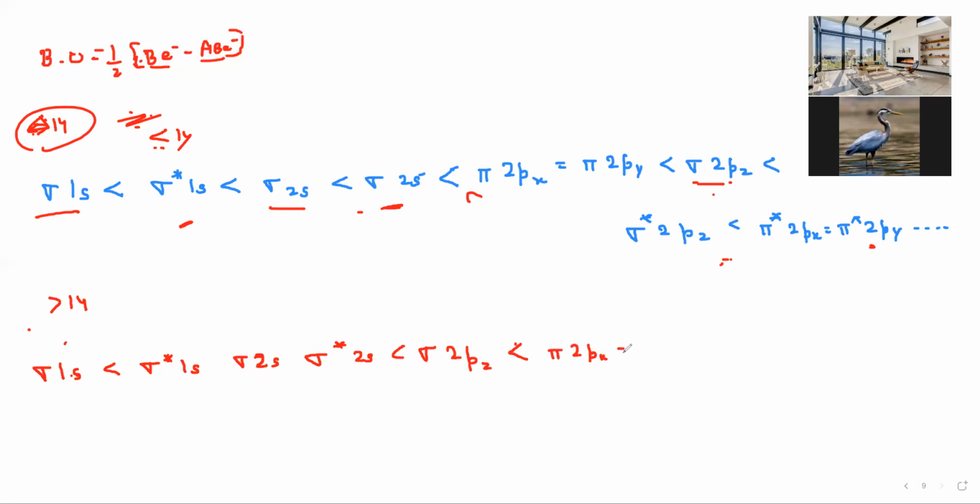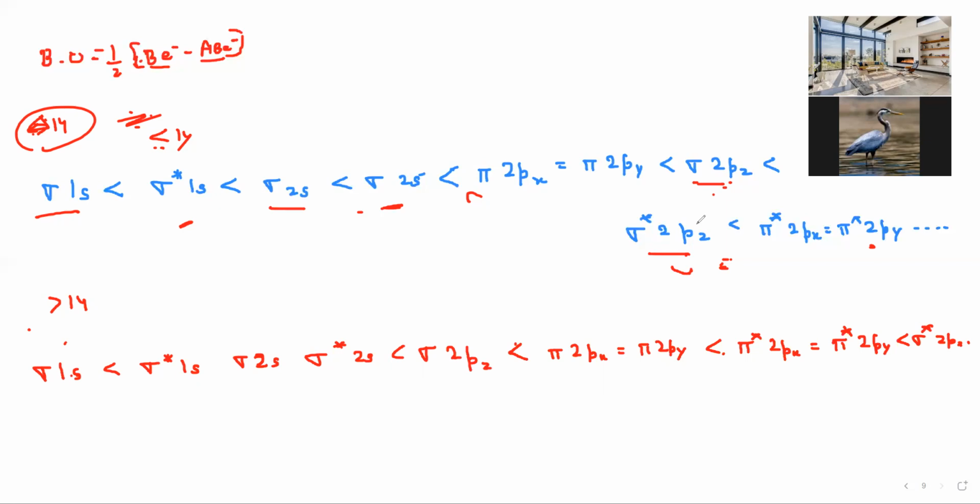Pi 2px is equal to pi 2py. The pi orbitals come closer together, so the pi antibonding will come closer. It is just a little shifting if you have more than 14 electrons. This will go back and this will go in front. So this is the more than 14 case.